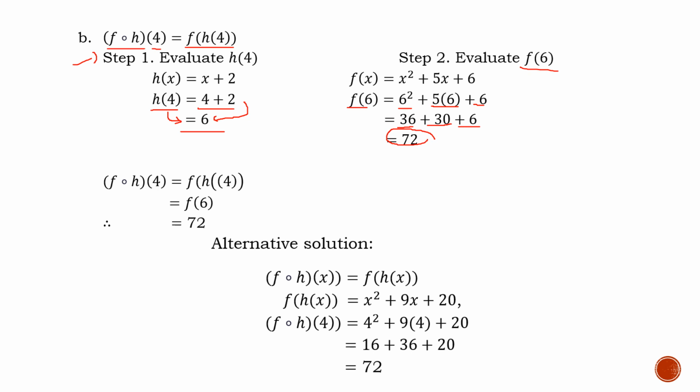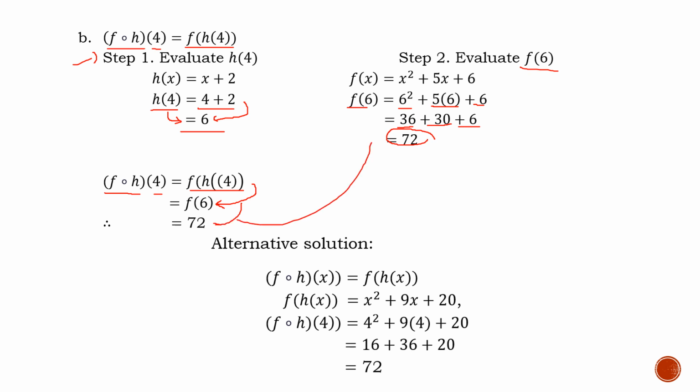Now, once we apply your f composite of h of 4, f of h of 4 here, we simply use 6, since it becomes f of 6 because the value of h of 4 is equal to positive 6. We use this one, and it becomes 72.